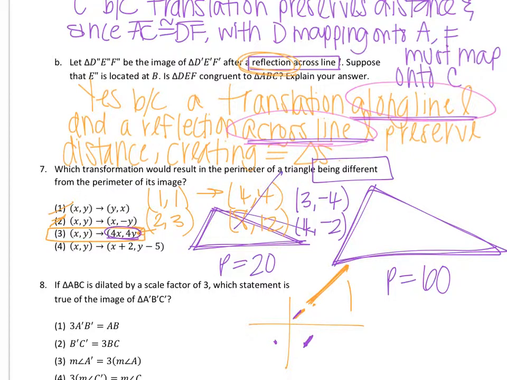This is the same size as the original. So here again, choice 4 is not our answer. Simply adding and subtracting is just a slide. Multiplication is where that dilation comes in. Just going to erase this so we have some room for our next one.